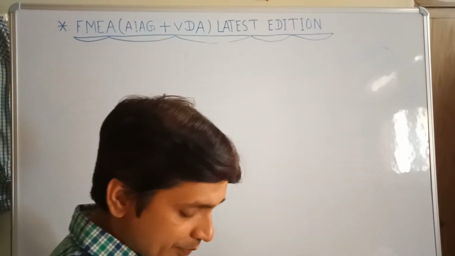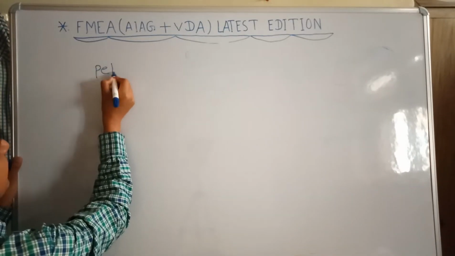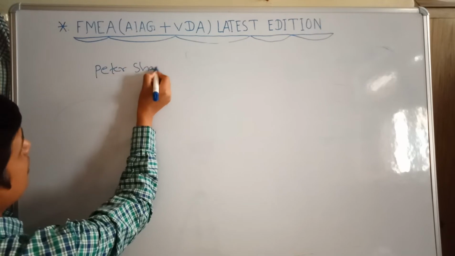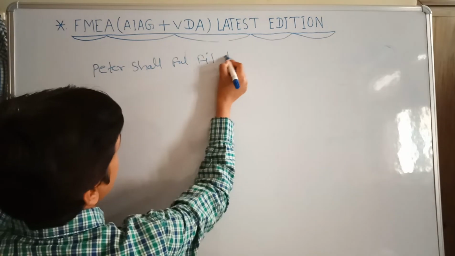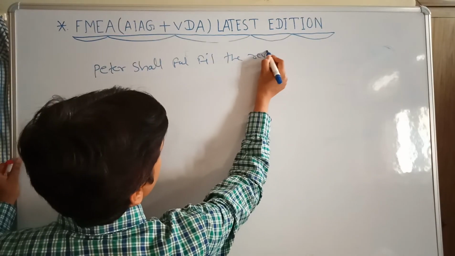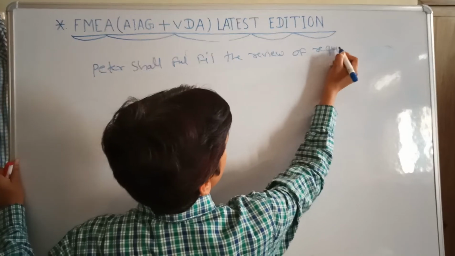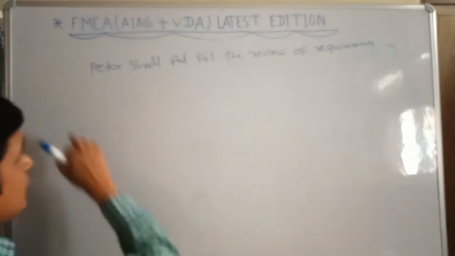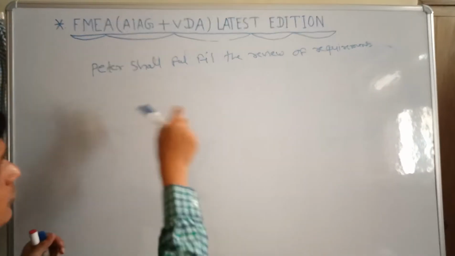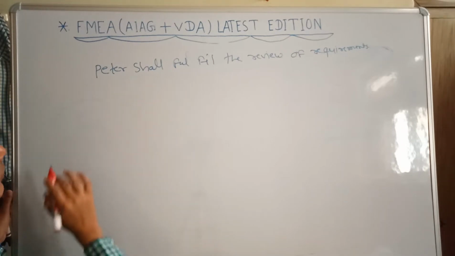For example, I have written one sentence: Peter shall fulfill the review of requirements. In this way we can easily remember the 7 steps of the latest edition.